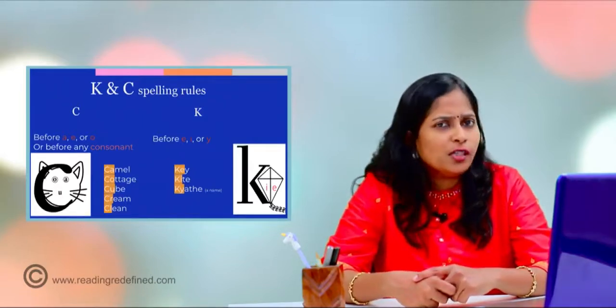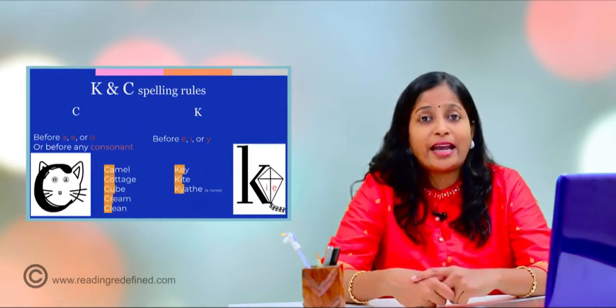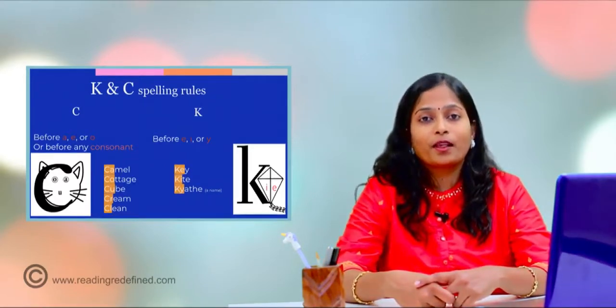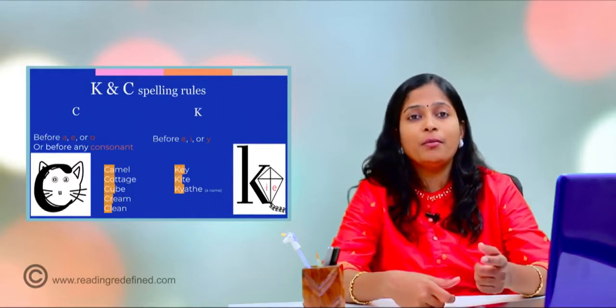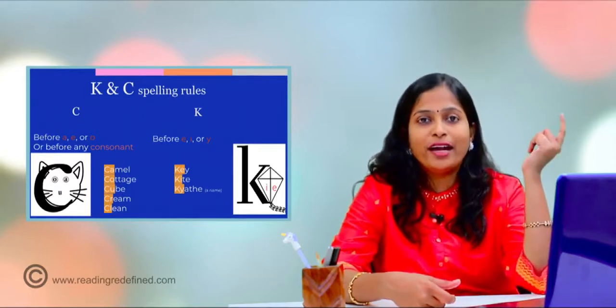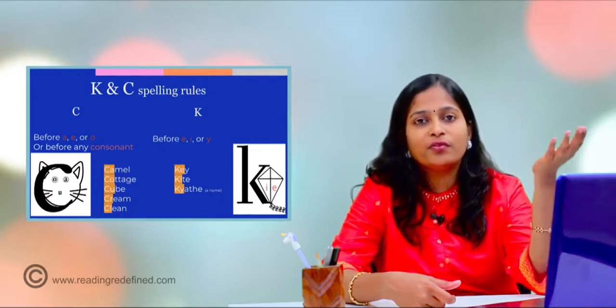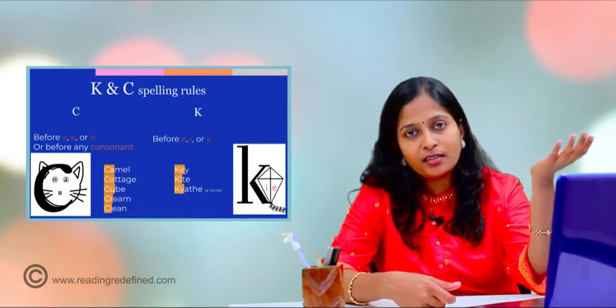In almost all words, everywhere we will be writing C except before E and I, Y as well. Because do you remember we learned the soft C where C takes the sound of S when followed by E, I and Y, right? So if you still want the sound to be K, change it to K.